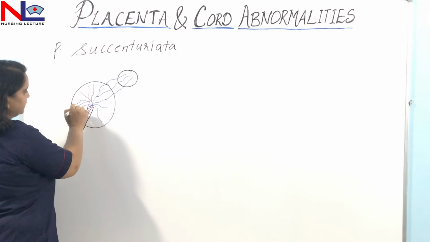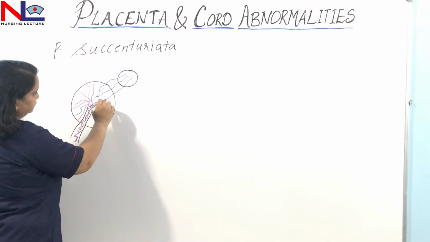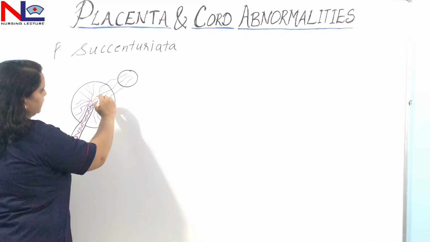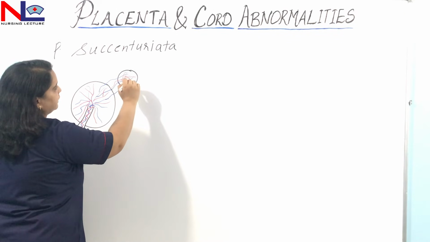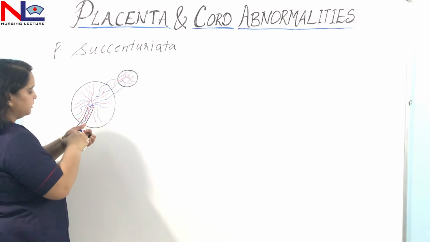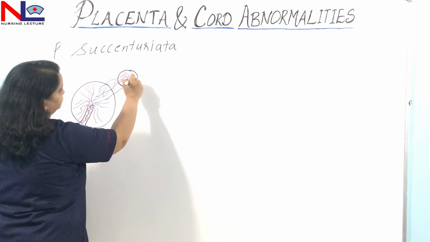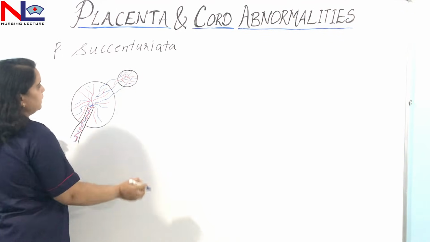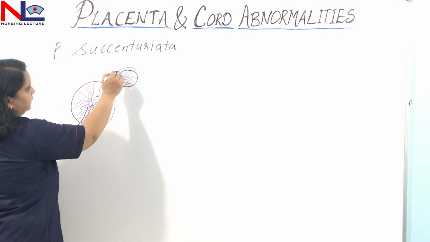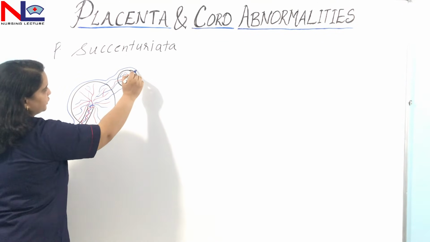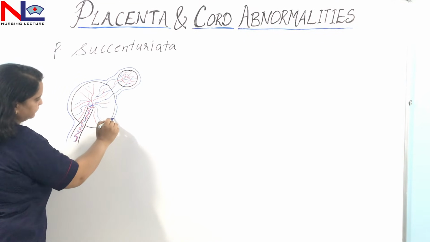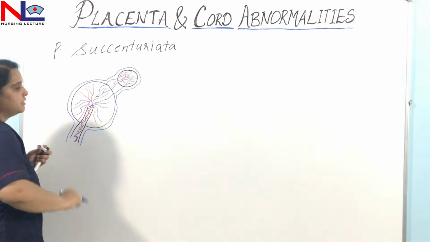So here are the vessels, and some of the vessels are connecting the main portion with this extra lobe, and the fetal membrane is covering both structures together like this.